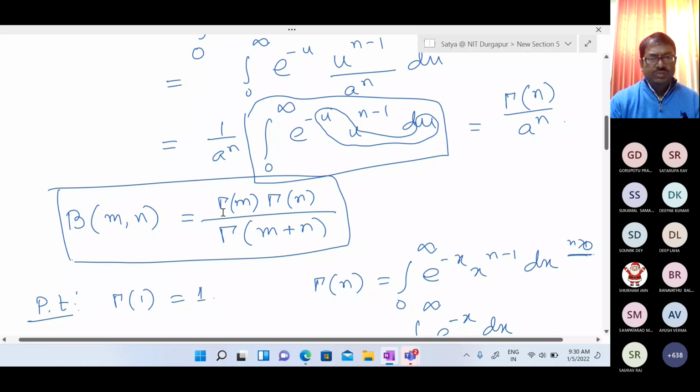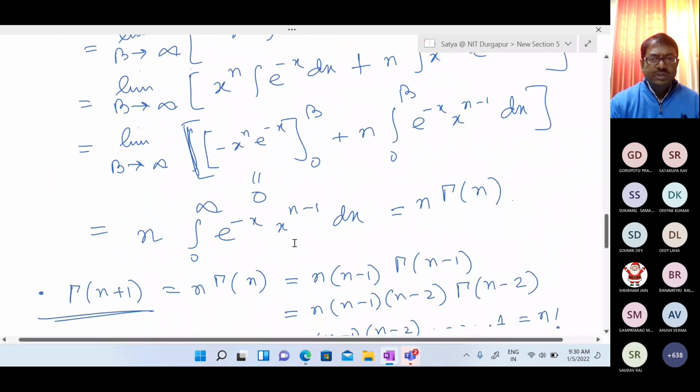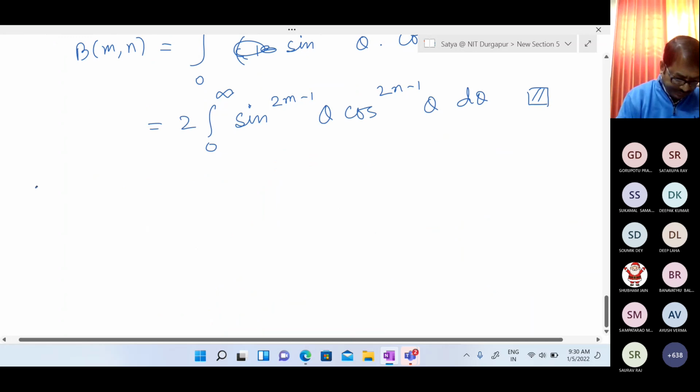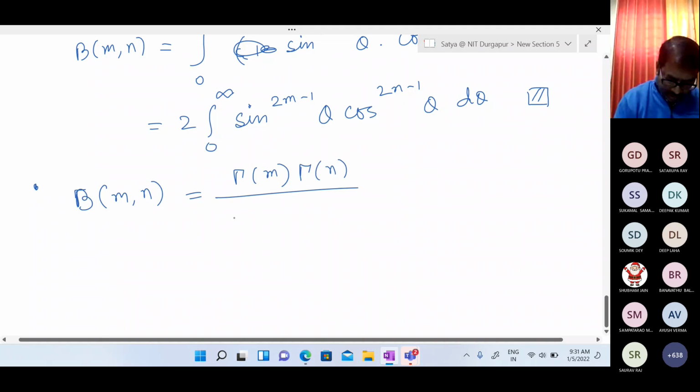So now we are going to prove this one. Beta mn equal to gamma m into gamma n over gamma m plus n. You can prove it in different ways.